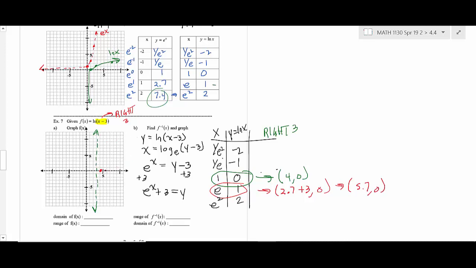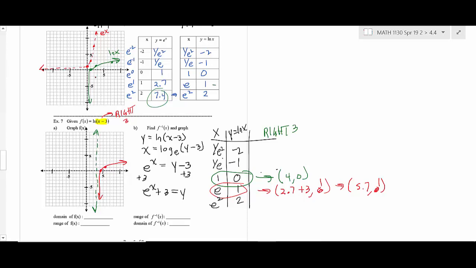So just move over 5.7, not 0, that's 1. The y value stays the same, so it would go kind of like that. And that's good enough for a sketch. You've got 2 pretty good points, then the rest of it would go like that. So it's basically the last problem, but everything is shifted to the right 3, okay?